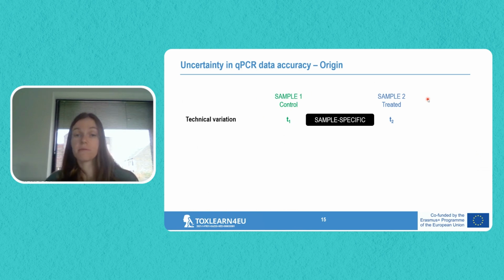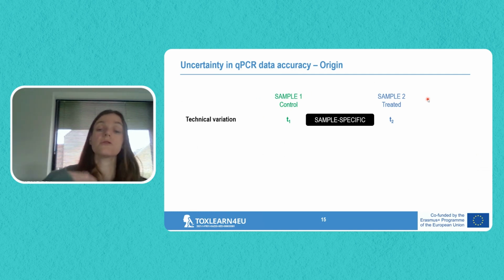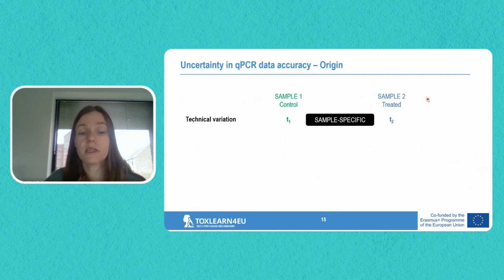Now, as we already mentioned several times, there will be technical variation. This technical variation could be, for example, differences in the RNA concentrations of the RNA samples that the cDNA was generated from. There could also be differences in RNA purity or integrity, and there could be differences in the presence of PCR inhibitors.